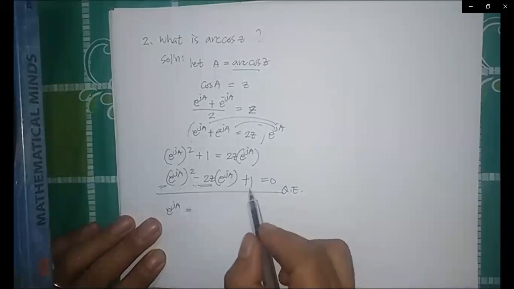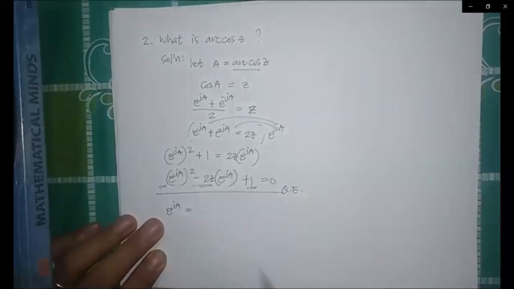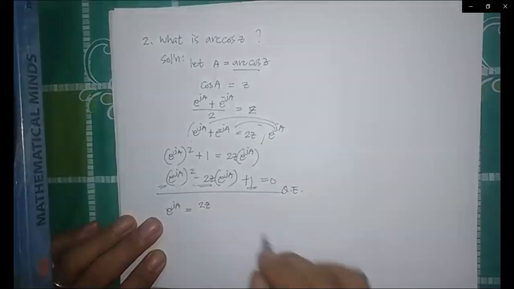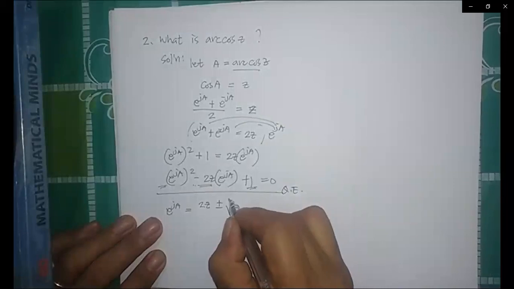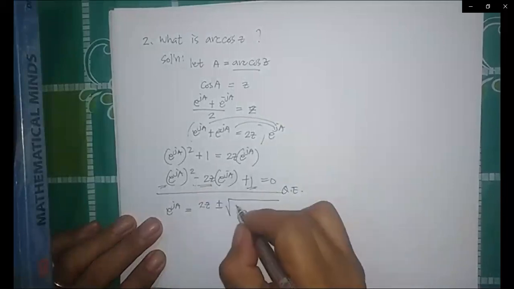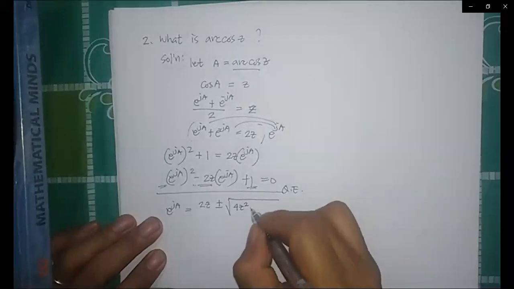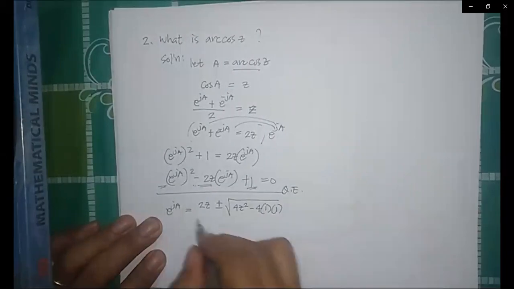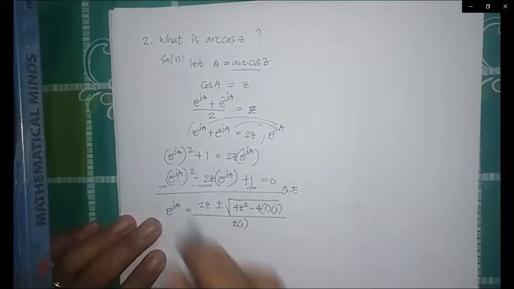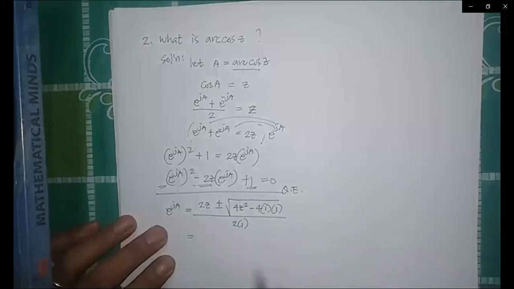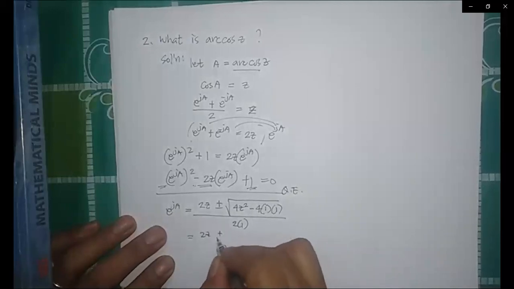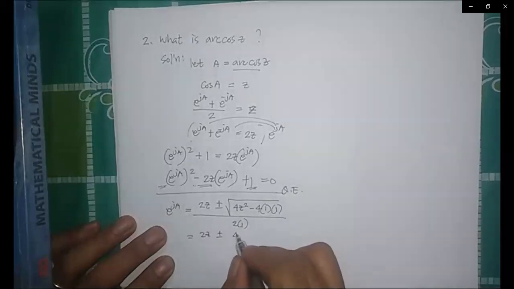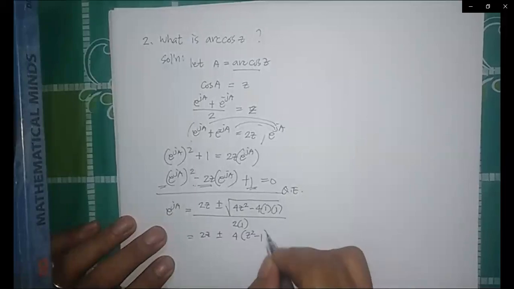Take note, those are your coefficients. So this is negative b. So negative of negative 2z becomes positive, plus or minus square root of, if you square negative 2z, that will become 4z squared minus 4 times a times c, all over 2 times the coefficient a. Now, simplifying the terms under the root sign, we can factor out 4.